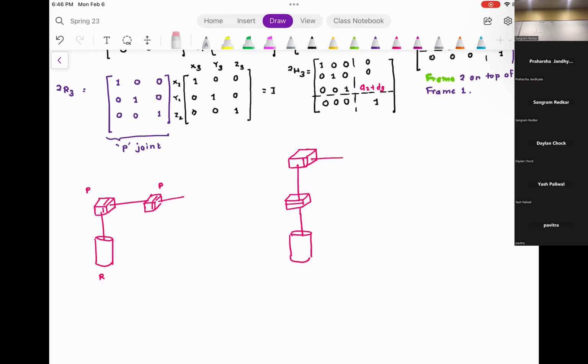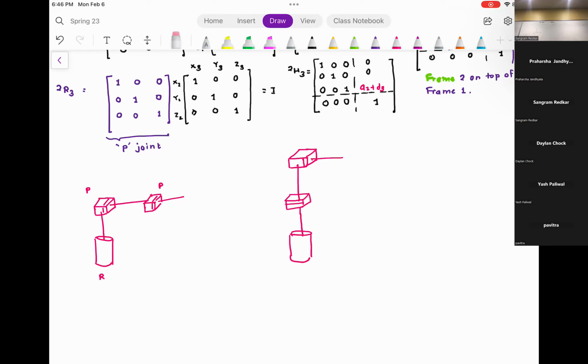Say you have a robot arm which is not aligned, a robot arm at an angle. This arm will have a projection along X and a projection along Y. Even if the arm is at an angle, the fundamental rule is that the displacement between the frames is resolved in the previous frame, along axes x2, y2, and z2.